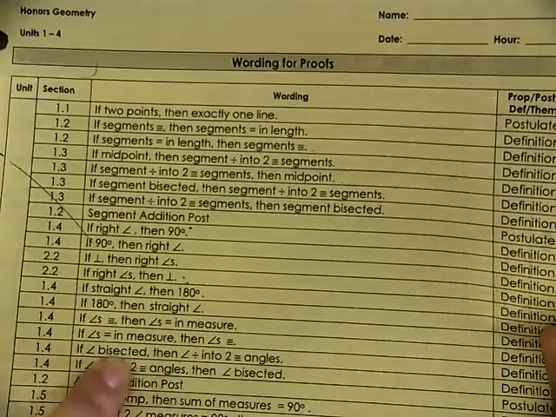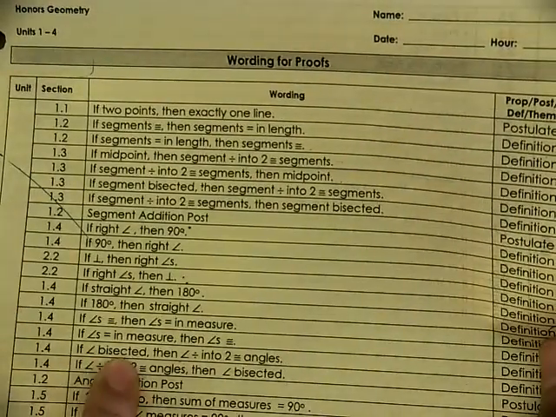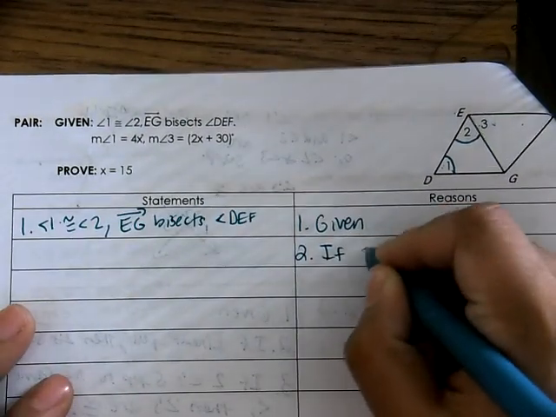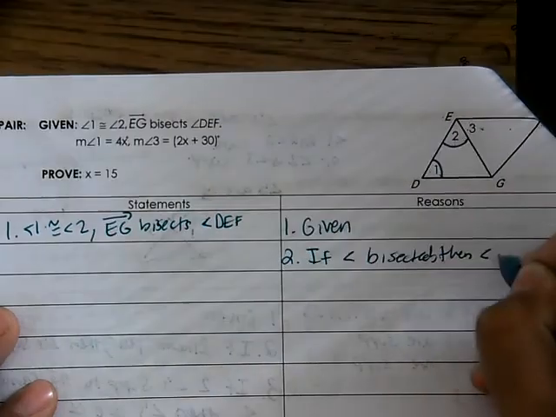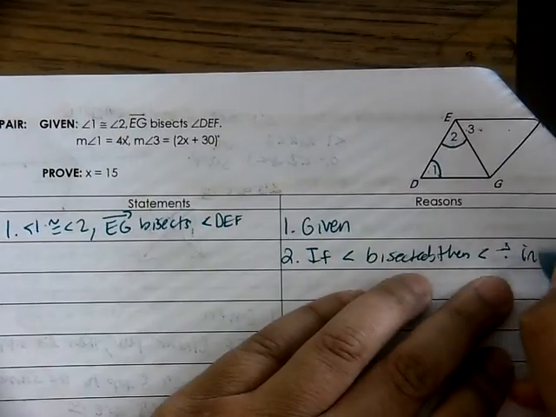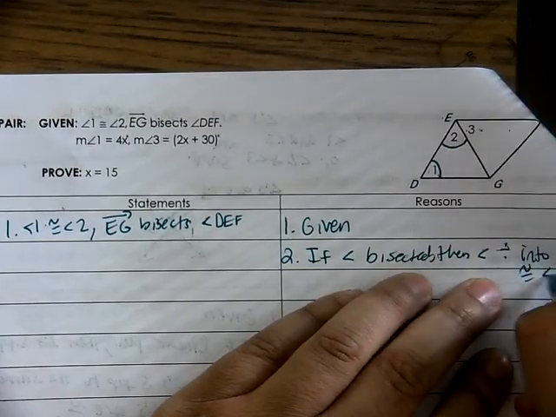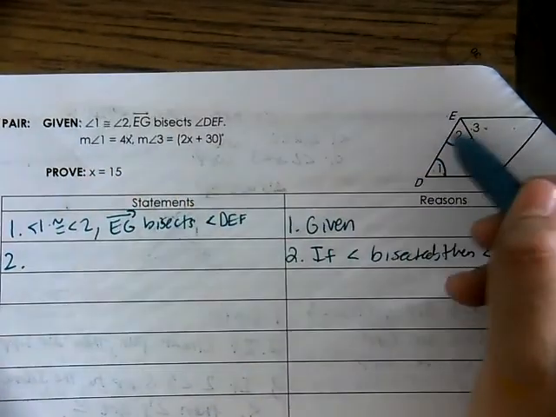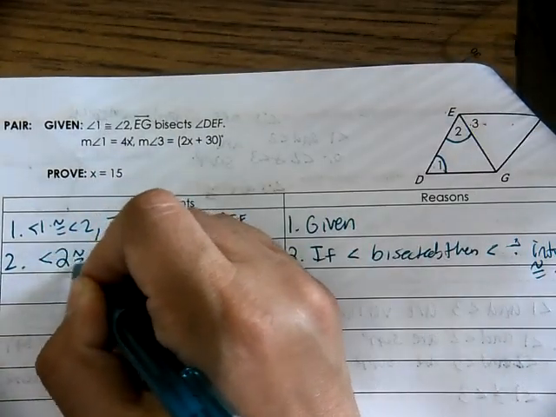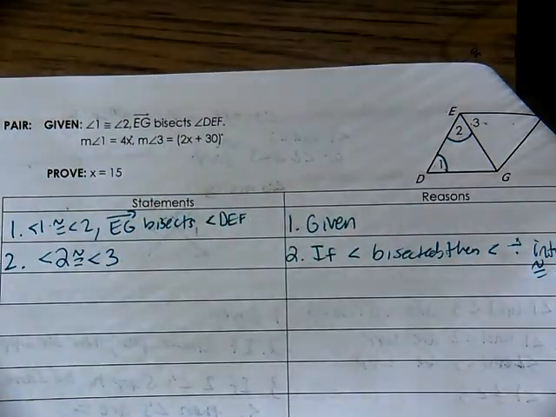I need the angle as bisected because that's what's happening here. So if angle bisected, then angle divides into 2 congruent angles. Okay, and then I can write down which 2 angles I'm talking about. That's 2 and 3. Angle 2 is congruent to angle 3.